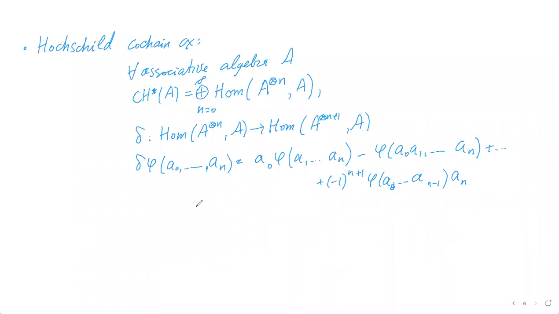So this is called the Hochschild differential, and it is an exercise to prove that delta squared is equal to 0. So the Hochschild cohomology of A is just the cohomology of this complex with respect to this differential.